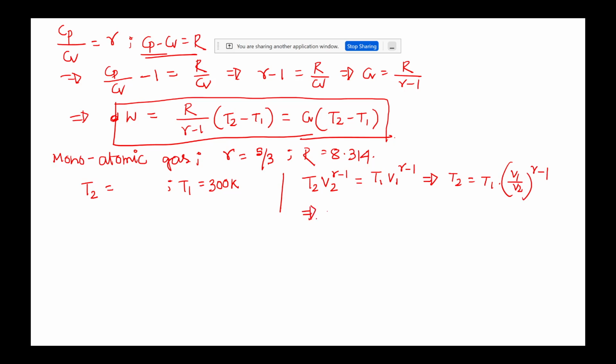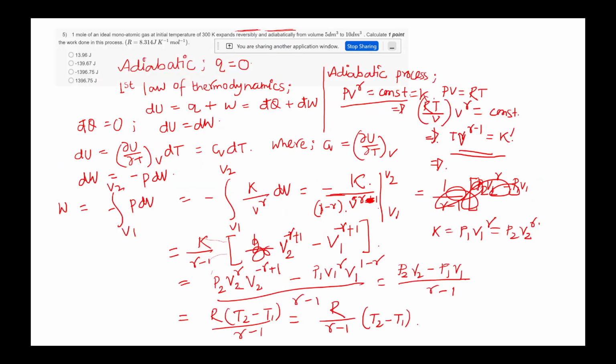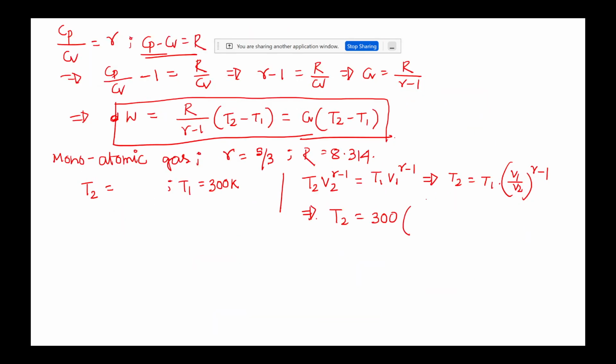Now if you do the calculations, T2 will be 300, and what is V2? V2 is 10 decimeter cube and V1 is 5 decimeter cube. So their ratio V1 by V2 will be half. Gamma minus 1 means 5 by 3 minus 1, which is 2 by 3, so that will be 300 times half to the power 2 by 3.